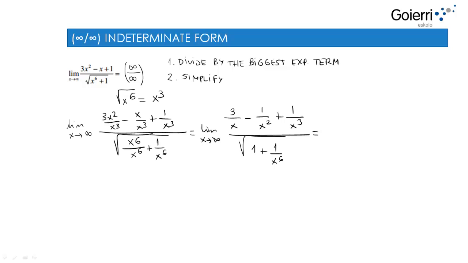So now, as usual, we have to plug infinity into the function. So 3 over infinity is 0, minus 0 plus 0, divided by the square root of 1 plus 0. This is 0 over 1, this is 0. So again, the result for the second example is 0.